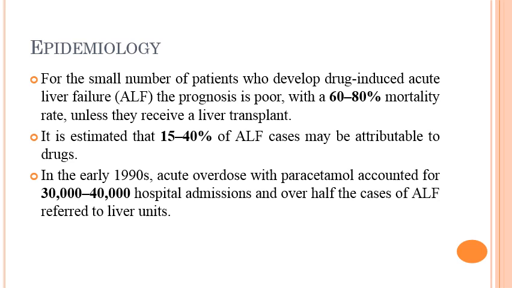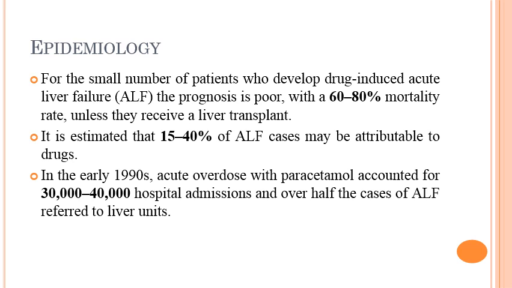Acute liver disease or acute liver failure is a sudden decrease in the functioning of the liver that may be due to various reasons, and the prognosis of acute liver failure is very poor. That means the determination of the causative agents of the liver failure, how much damage has occurred to the liver, and how it can be managed is very poor.